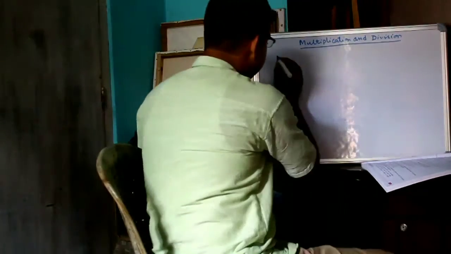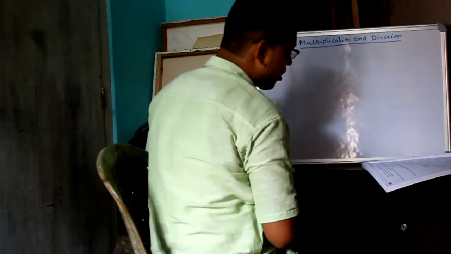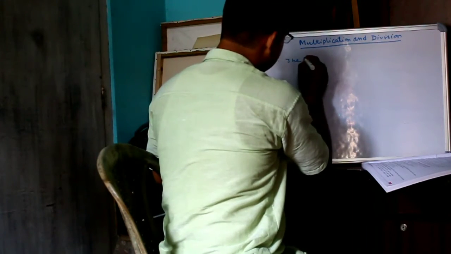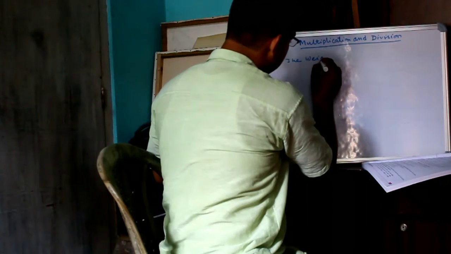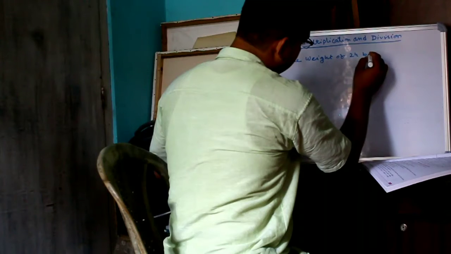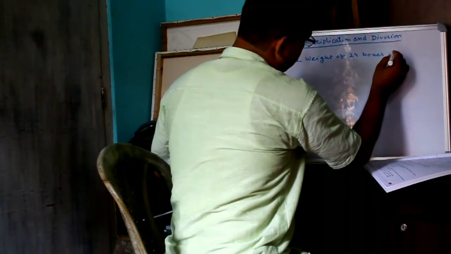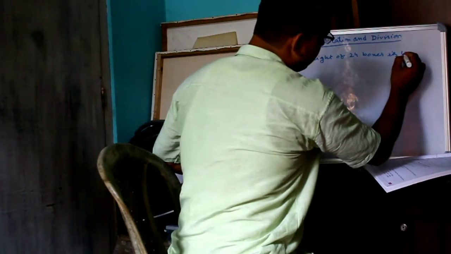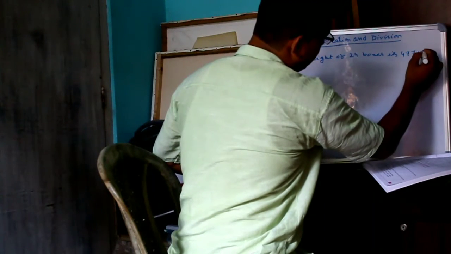Number 5. The weight of 24 boxes is 4,776 kg.